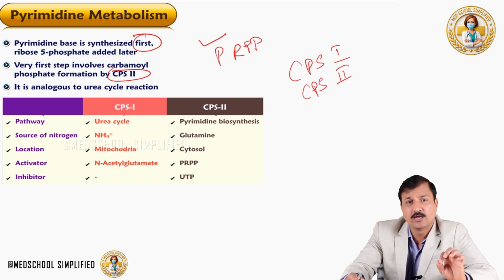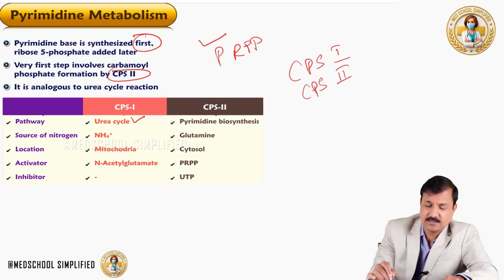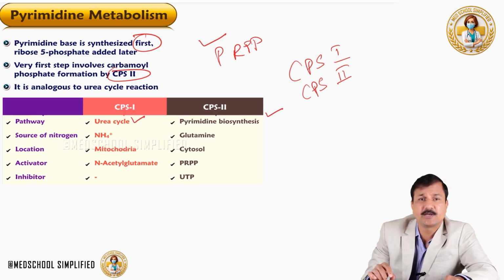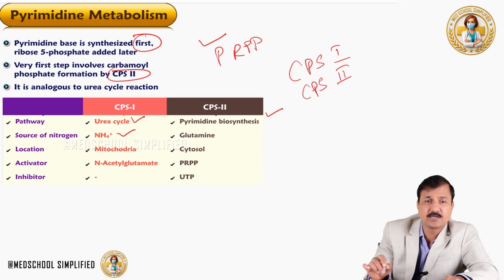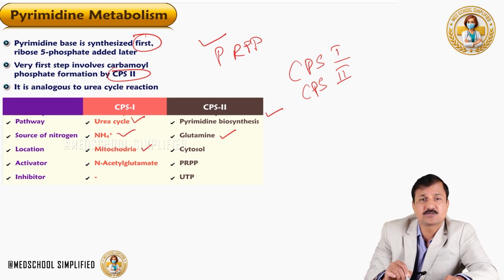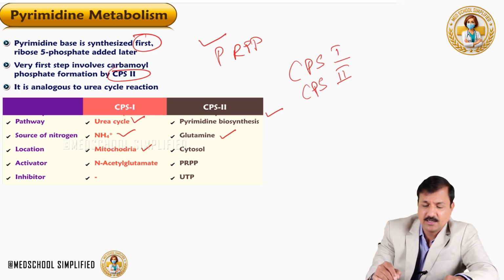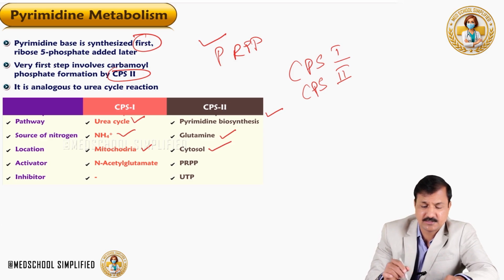Let's look into a little more detail on CPS-I and CPS-II. CPS-I is present in the urea cycle, CPS-II in the pyrimidine biosynthesis pathway. The source of nitrogen for CPS-I is ammonium ion directly, whereas the source of nitrogen for CPS-II is glutamine. CPS-I is located in the mitochondria, whereas CPS-II is in the cytosol.